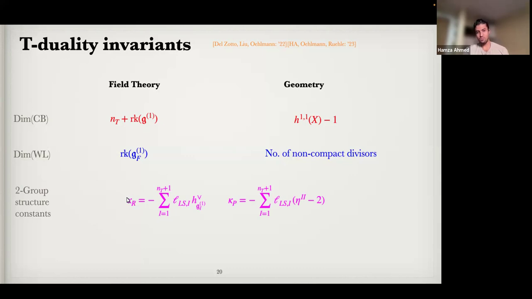These invariants are physically motivated in the sense that these kappa R's and kappa P's are mixed anomalies of the physical theory, and so we expect these to match in any physical duality. But from the geometry side, this is related to the matrix eta, which is the intersection of the base curves, and its null vector.